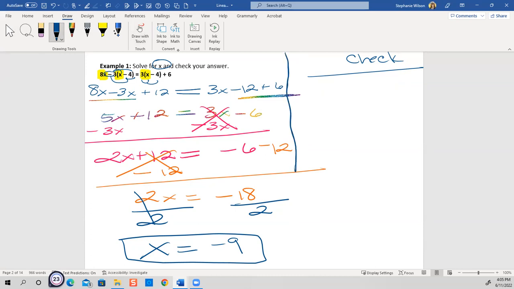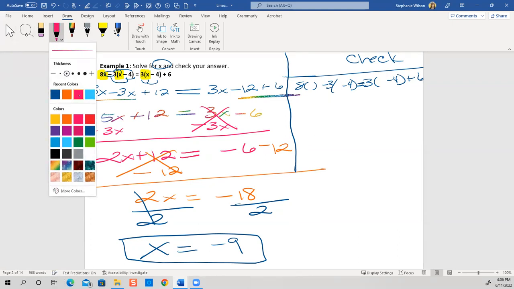Now, I got 8, and then I'm going to put the parentheses where I see the x, give myself some space. All right. Now, if it's true, both sides of the equal sign will be equal. Let's plug in the negative 9.